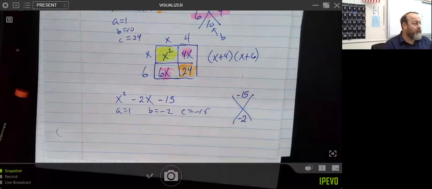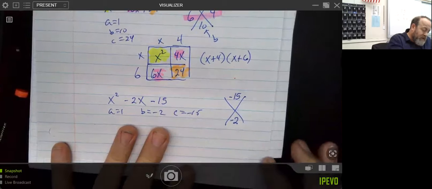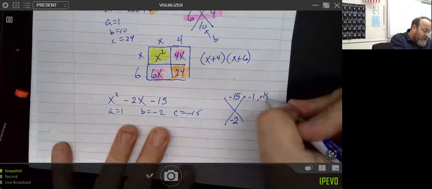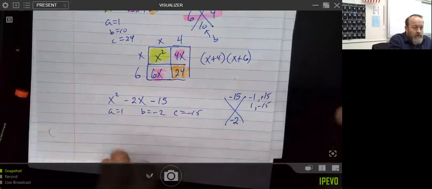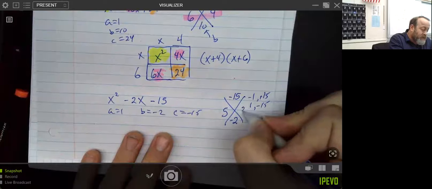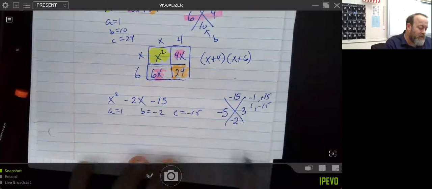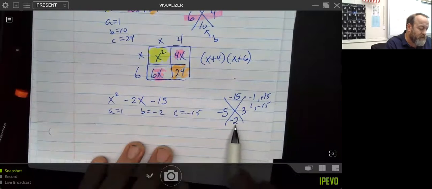That's down here. And I've got to think of 2 numbers that multiply to negative 15, like negative 1 and positive 15. Maybe positive 1 and negative 15. There's all sorts of options. But if you took a 5 times 3, I'd get 15. But if I made it a negative, negative 5 times 3 is negative 15. And negative 5 plus 3 is negative 2.